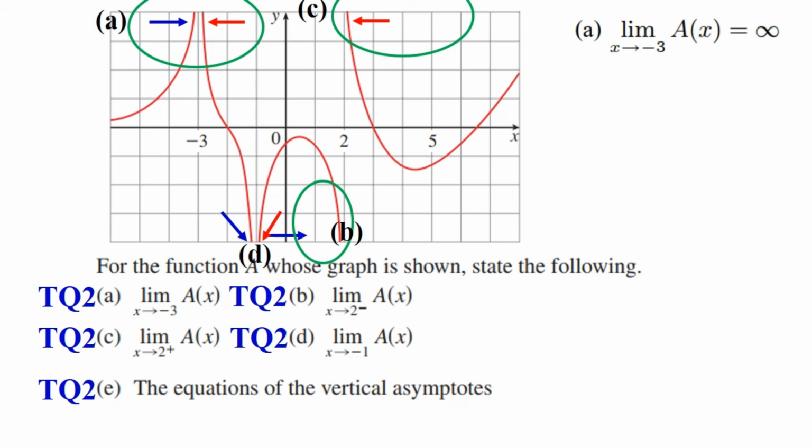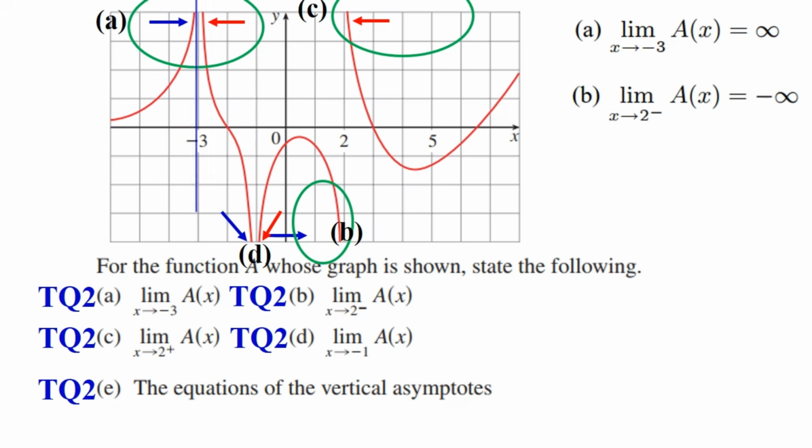Then tutorial question 2b. What is the limit of the function a of x as x is tending to 2 from the negative axis? If you look at it very well, as x is tending to 2 from the negative axis, you will notice that the curve, which is the red, which is a of x, is also tending to minus infinity. Question 3.